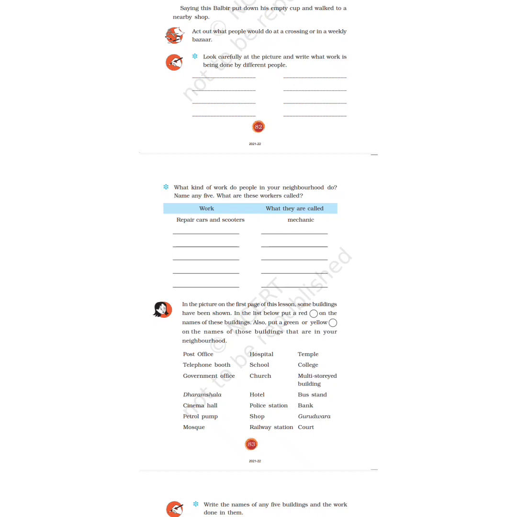So, class third, as you all know, we have begun a new chapter of EVS, which is "Work We Do". In our yesterday's session, we discussed various types of work that are done by people. Somebody was a doctor, and we learned the function of the doctor.